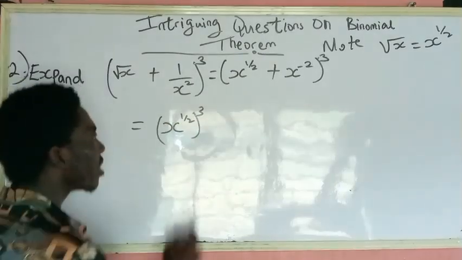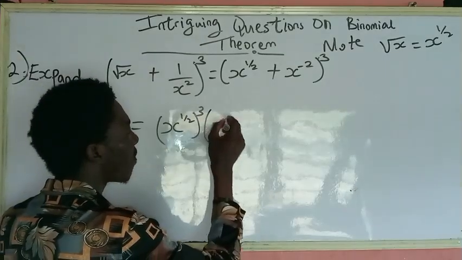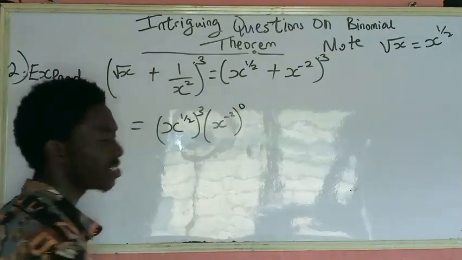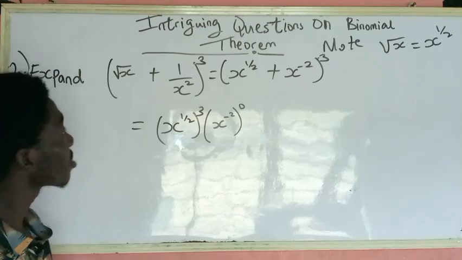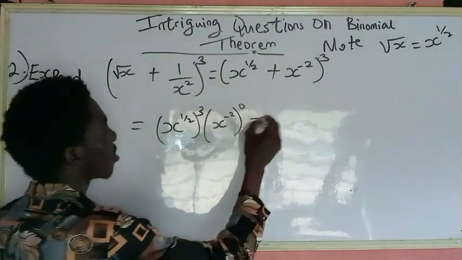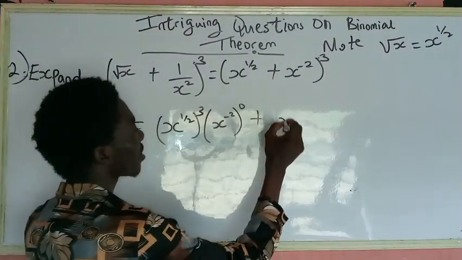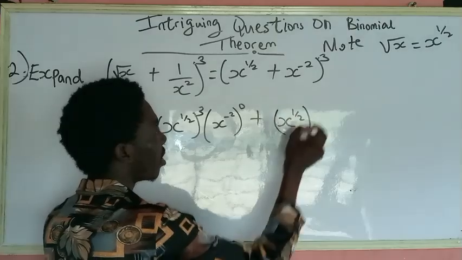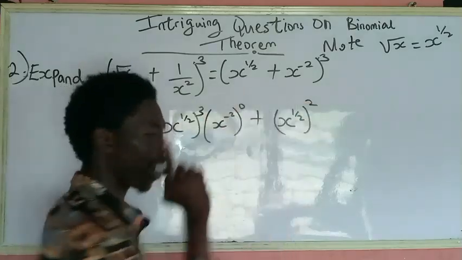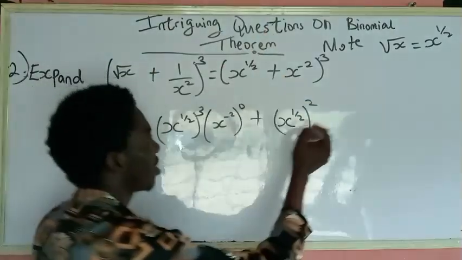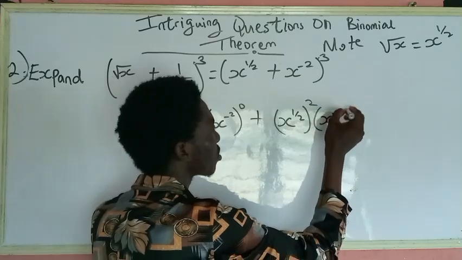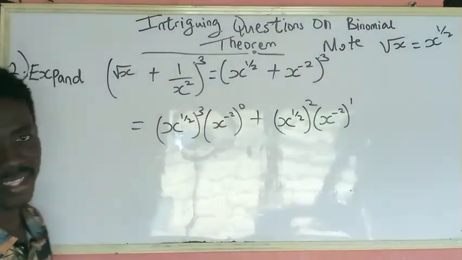Can you see that? And the next one will be x raised to minus 2 all raised to 0. Can you see that? The next part will be x raised to half. You decrease the power by 1, you increase this by 1. So x raised to minus 2 all raised to 1. Can you see that?